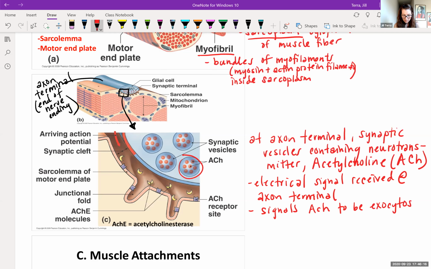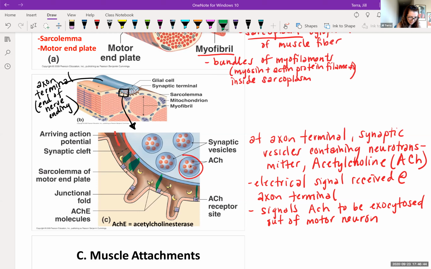exocytosed out of the cell, out of the neuronal cell, out of the motor neuron cell, okay? And to go across this little gap, see here, this little gap that we see kind of in brown?